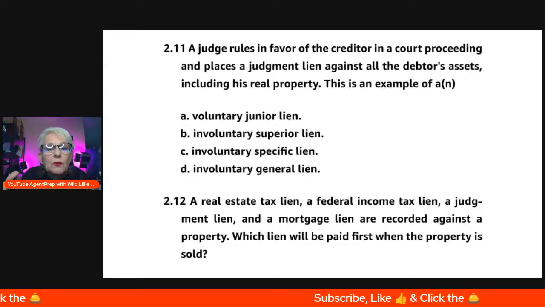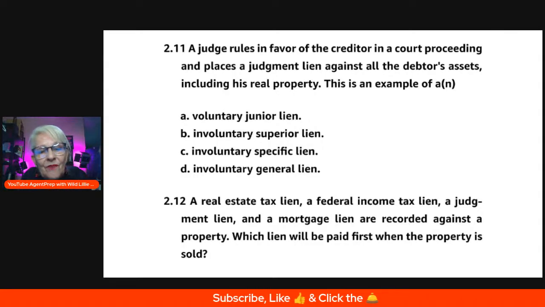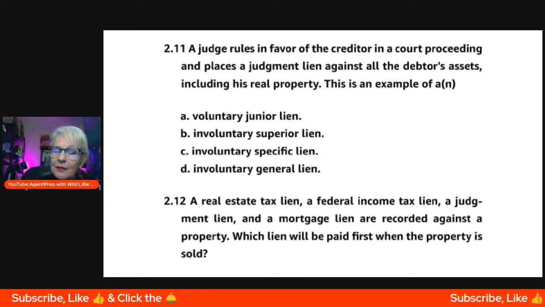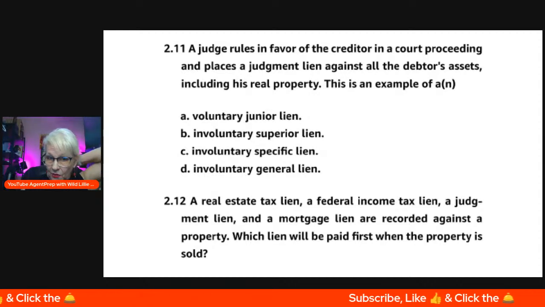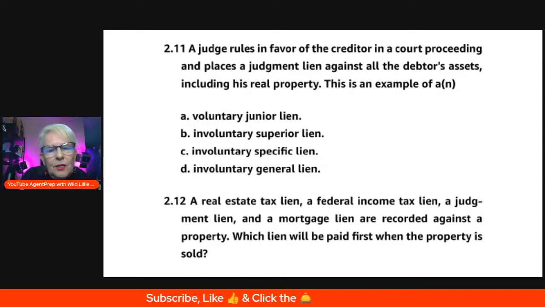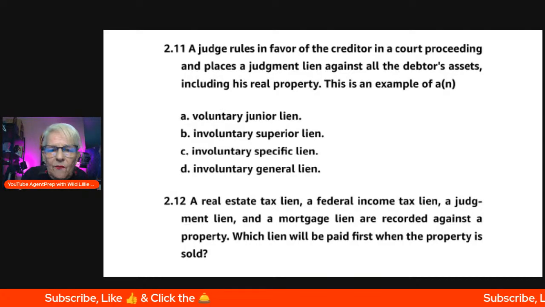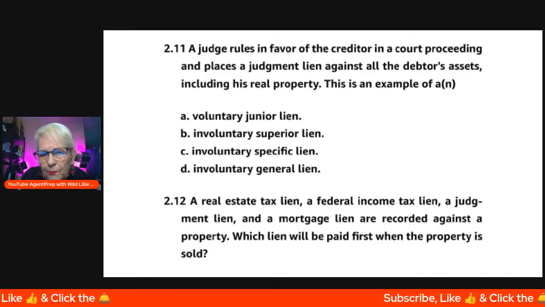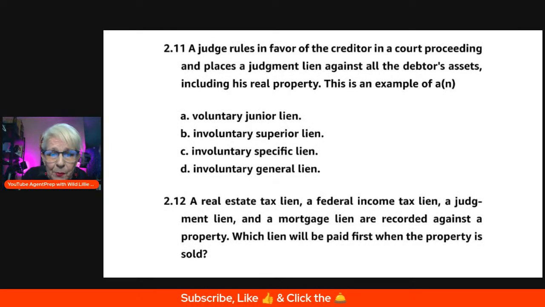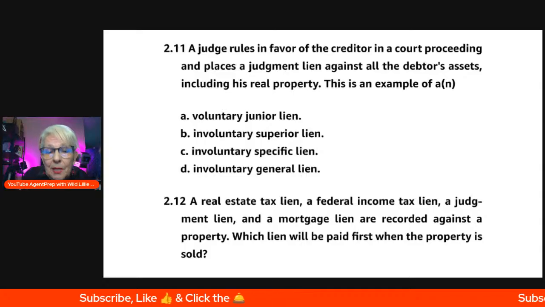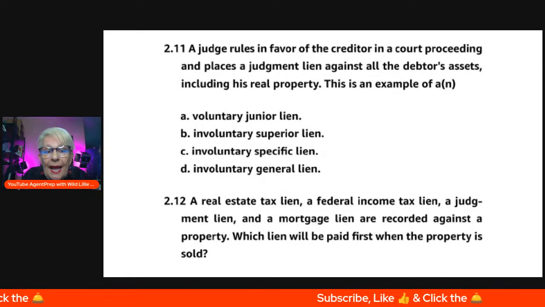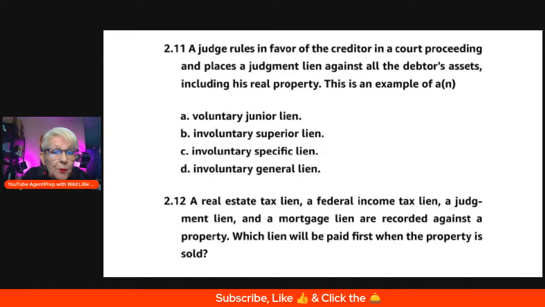It's a general lien, and it's involuntary because that person didn't volunteer to have that lien on all their assets. They did something where they had a bad time, they're getting everything foreclosed, filed bankruptcy, or lost everything. And they owe a lot of different people or companies money. Therefore, a lien is put on all their assets and all the properties that they own.